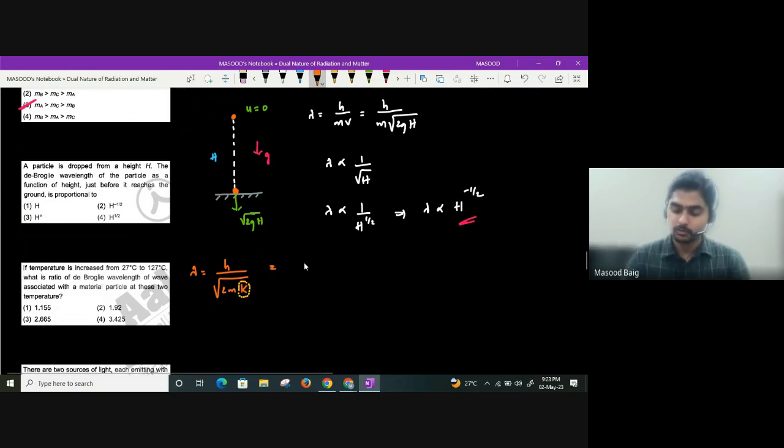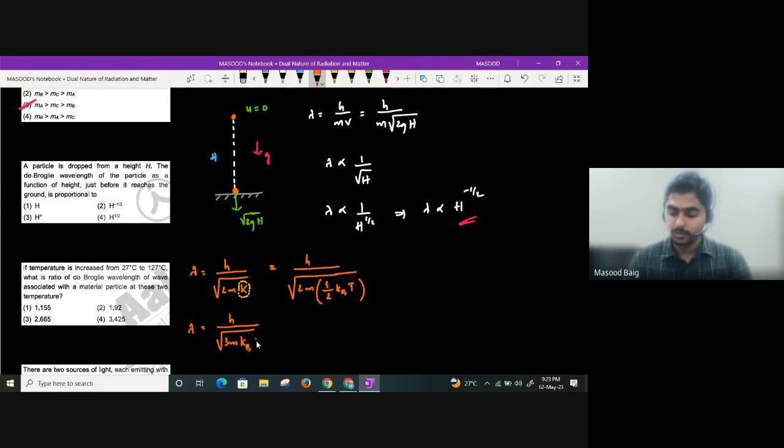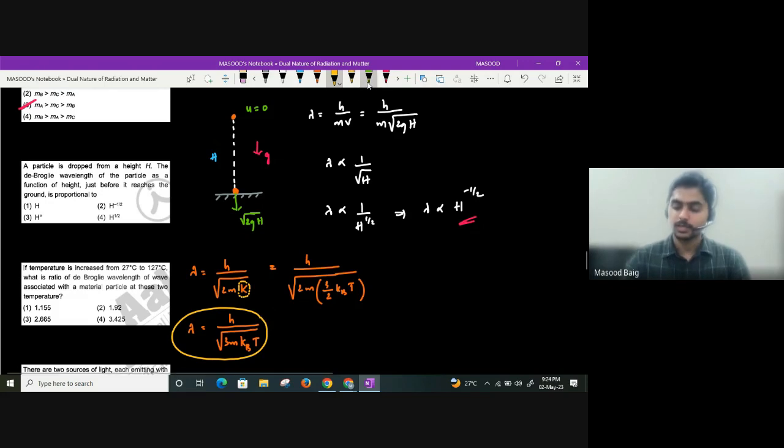If you consider only translational modes, then from the kinetic interpretation of temperature, I can write kinetic energy as 3 by 2 into kB into T. So the wavelength associated with particles in relation with temperature will be h by root over 3m kB T, where kB is the Boltzmann constant. T should be temperature in Kelvin, the absolute temperature.